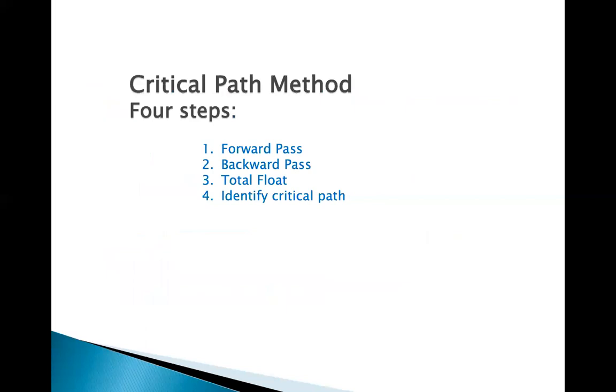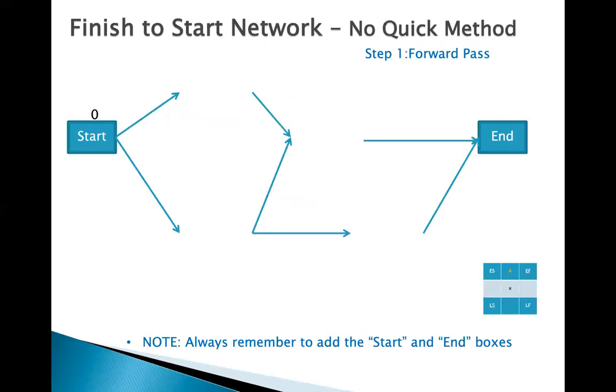Before I show you the diagram, just a reminder: the critical path methodology uses 4 steps to calculate the project duration and the total float. Number 1, forward pass. Number 2, backward pass. Number 3, total float. Number 4, identify critical path. Let's do it. Step number 1 is the forward pass.